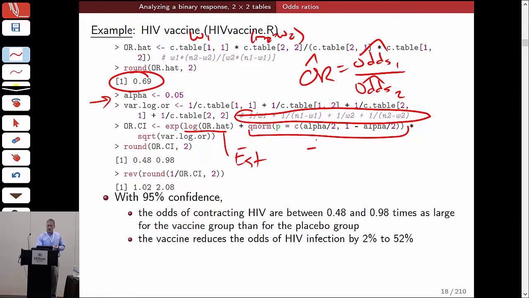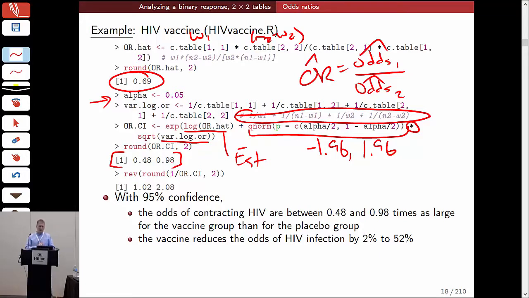This actually gives me two different values, negative 1.96 and positive 1.96. I'm doing the calculation simultaneously using this qnorm function by asking for both the alpha divided by 2 and the 1 minus alpha divided by 2 quantile. And because of how R does its calculations using vectors, everything is going to be done correctly. Then I multiply that by the square root of that estimated variance of the log of the OR hat that we just did. And here's my interval, 0.48 to 0.98 after I round to 2 decimal places to make it look nice.